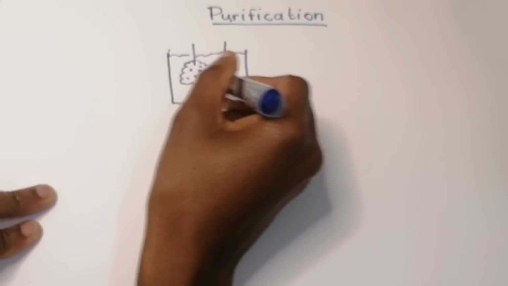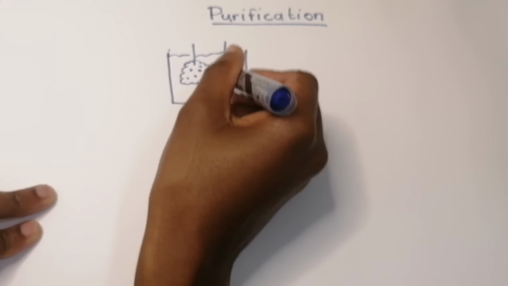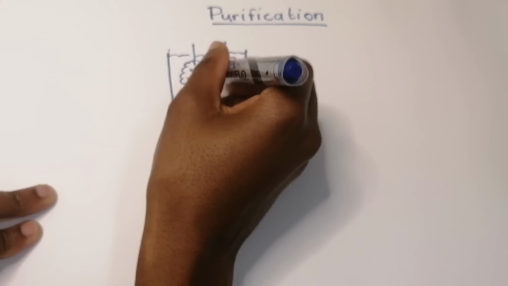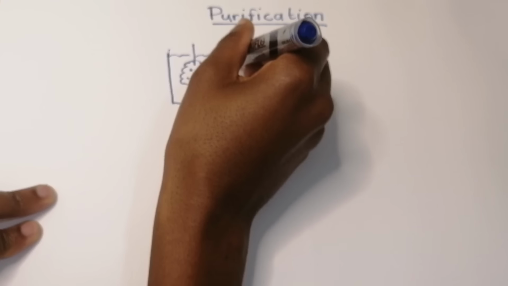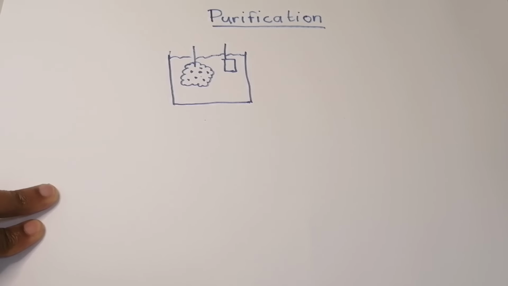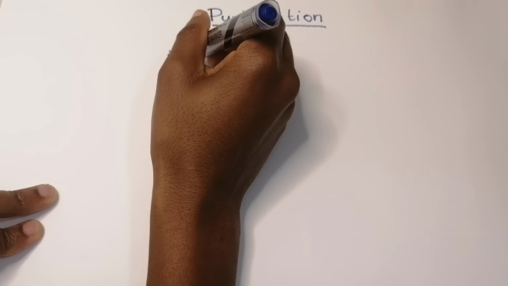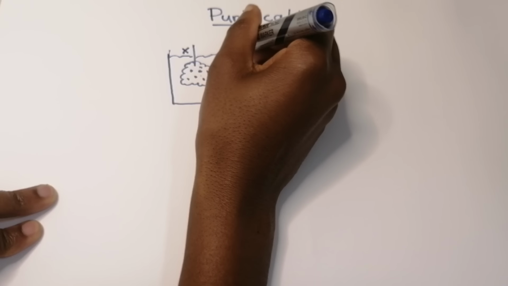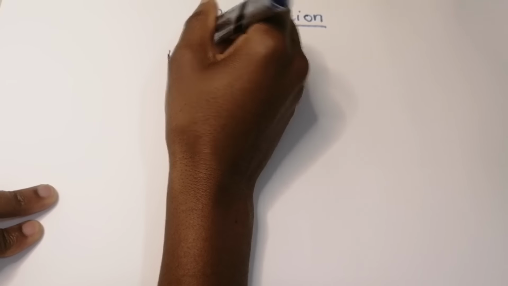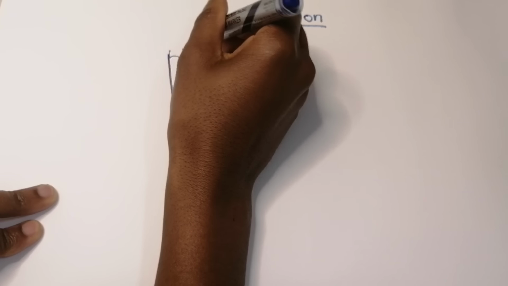You want all the silver particles to go there and actually form more of the pure silver. So note, let me call it electrode X, and let me call that electrode Y. Now I'm leaving this deliberately as it is.